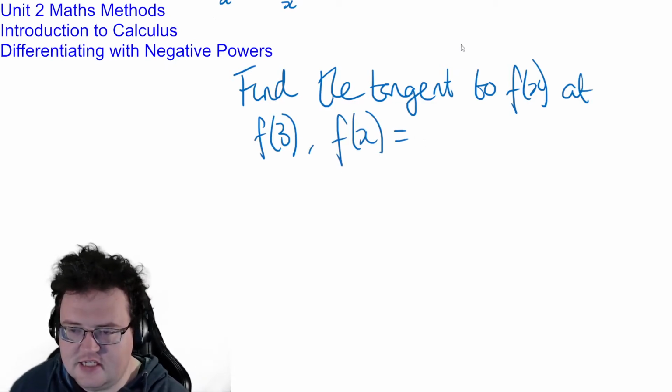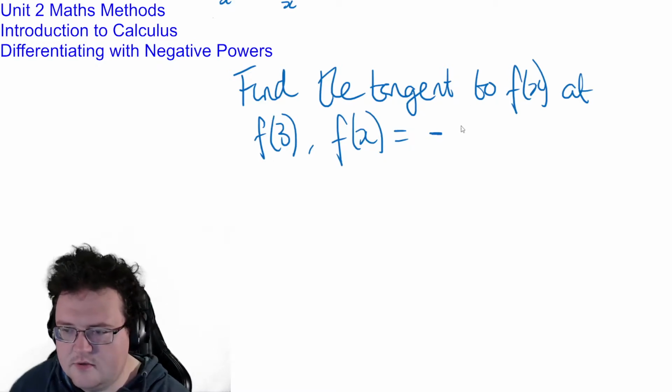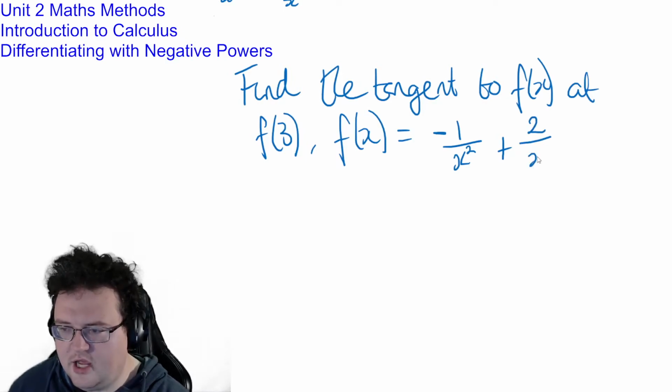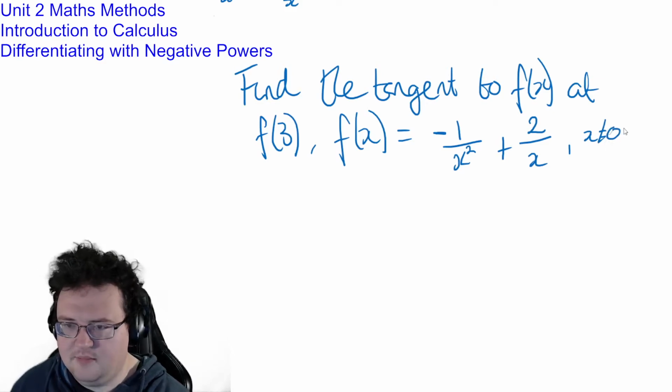F of x is equal to, I'll be nice, -1 on x squared plus 2 on x. Again, x can't be 0.